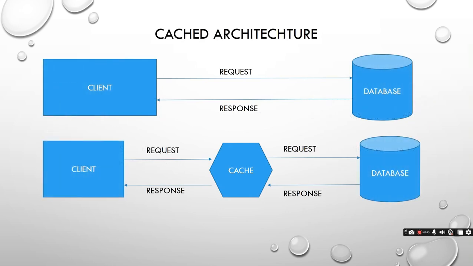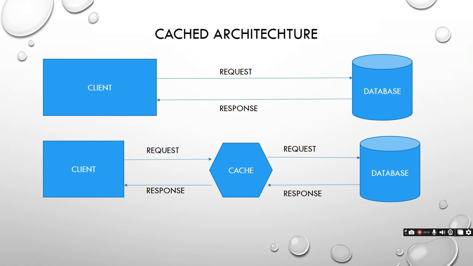As you can see, I have two diagrams. One is a diagram with just a client interacting with the database, and the other is for the client interacting with the cache, then the database. These two architectures do the same thing, but one has an advantage over the other. We all know that making API calls and seeking data from a database costs us money.